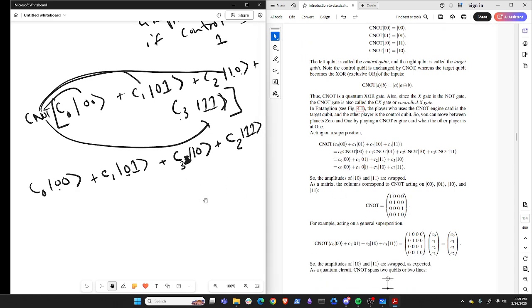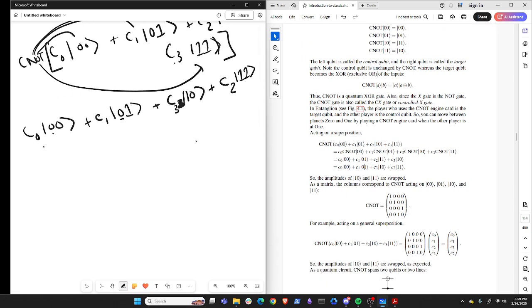In matrix form, C0 is 1, 0, 0, 0, 1, 0, 0. So this is representative of 0, 0. This is representative of 0, 1, 1, 0, and 1, 1.